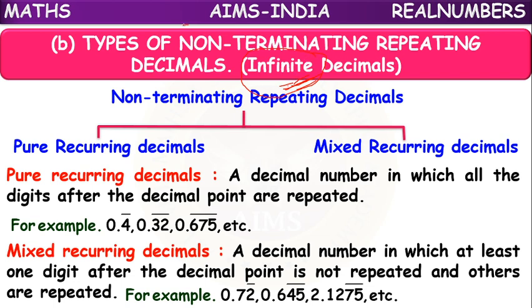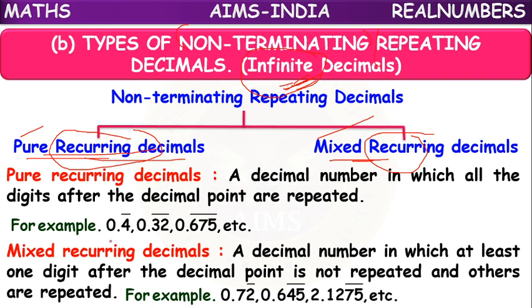So how to convert such non-terminating repeating decimals into rational numbers? In non-terminating repeating decimals, we have two types: pure recurring decimal and mixed recurring decimal. By the name itself, you can observe the difference. Here the recurring part is pure, but here the recurring part is mixed.